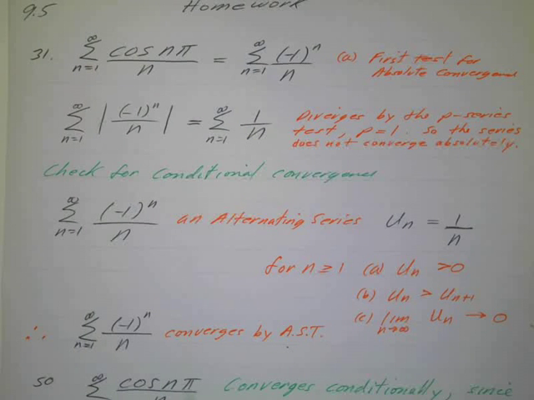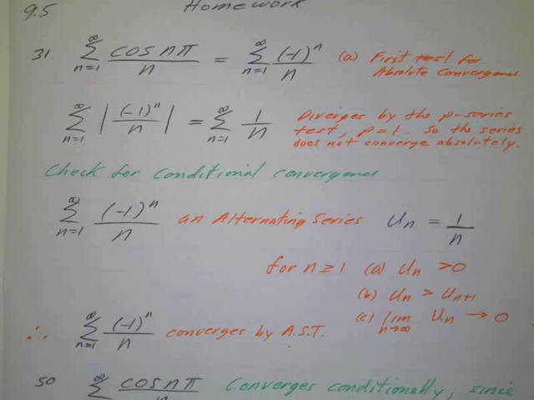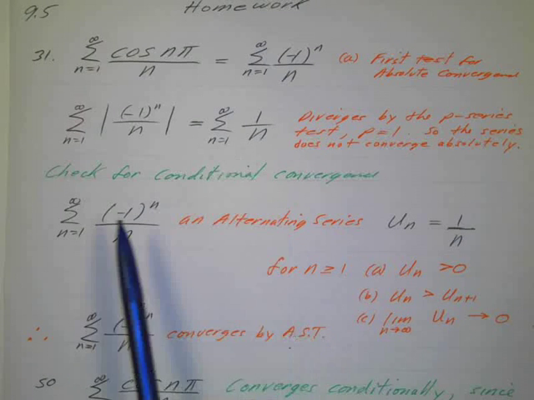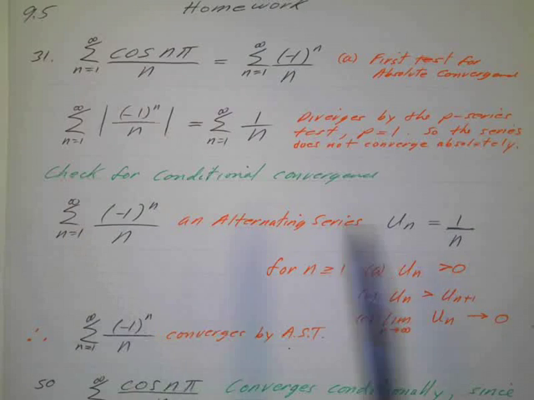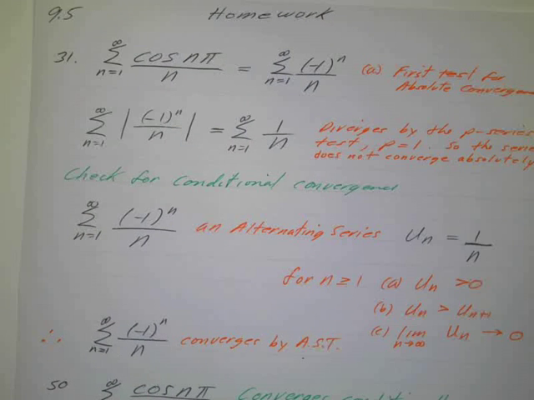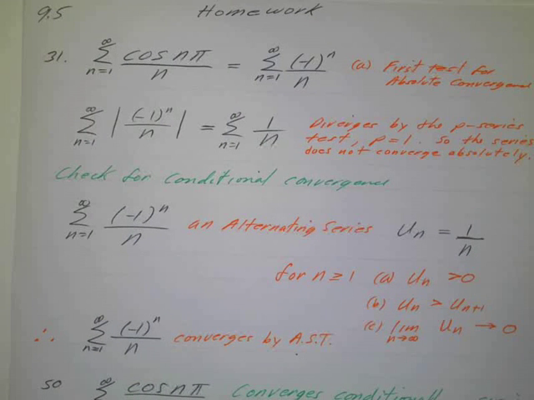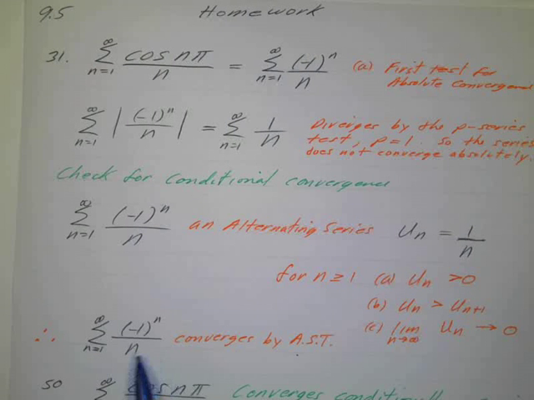You could check it: negative 1 over 1, then positive 1 over 2, negative 1 over 3, etc. So it's an alternating series, and therefore it converges by the alternating series test.